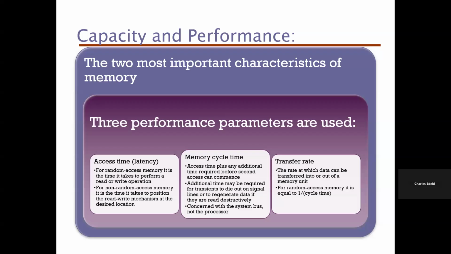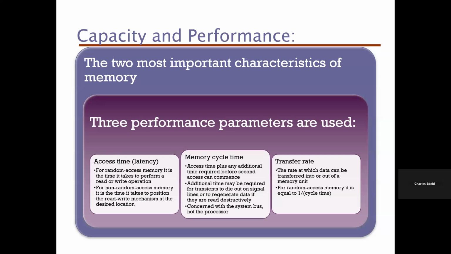Okay, so now when it comes to the whole characteristics of a memory system, we have three major performance parameters that we use. So first is the access time, how long it takes to access, that's the latency.